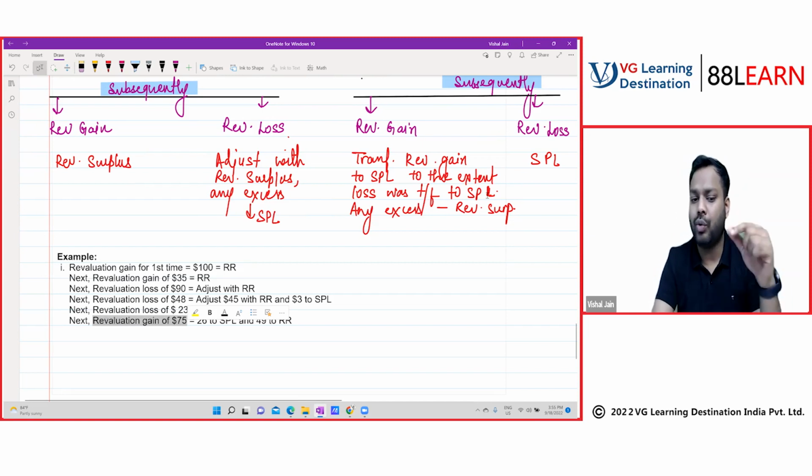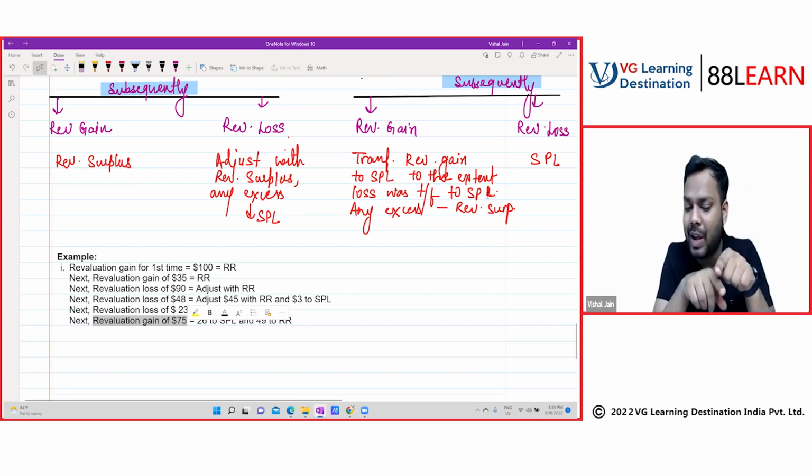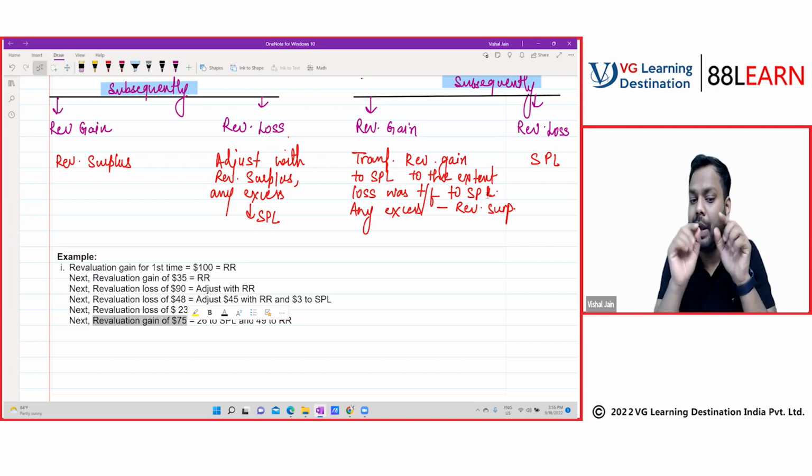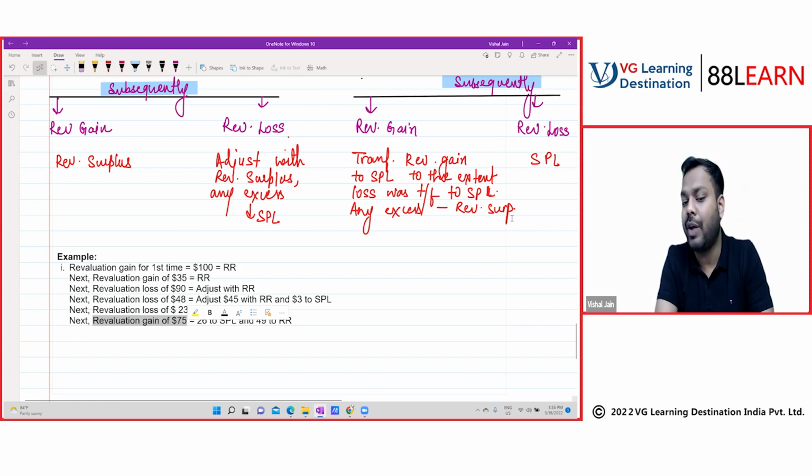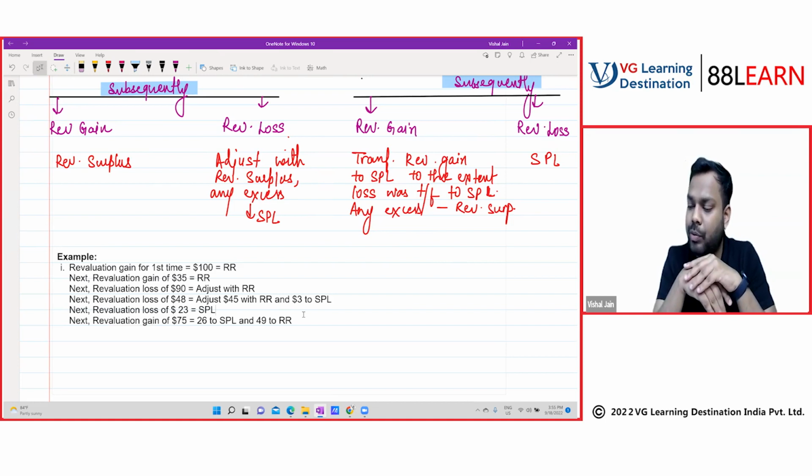So out of the $75 gain, you have to transfer 26 to P&L. What is remaining now? 75 minus 26 is 49, right? So the remaining excess will transfer to revaluation surplus. Is it clear now, Subham?